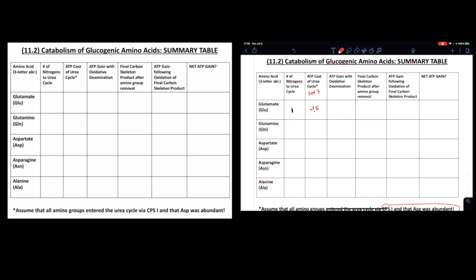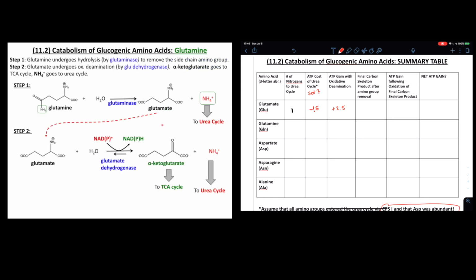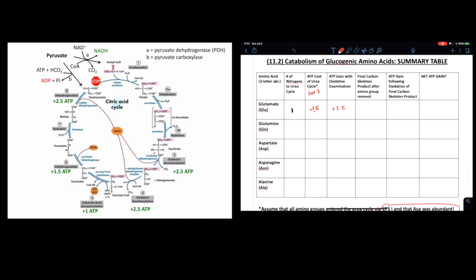Okay, minus 1.5. Remember that we're gaining 2.5 ATP from this glutamate dehydrogenase, so that's plus 2.5. Okay, and now this alpha-ketoglutarate is going to go to the TCA cycle. So when alpha-ketoglutarate goes to the TCA cycle, it enters right over here. So we get 2.5 ATP plus 1 plus 1.5 plus 2.5.